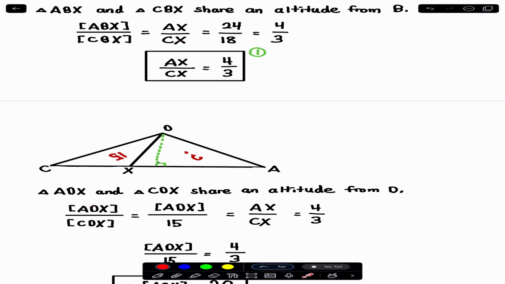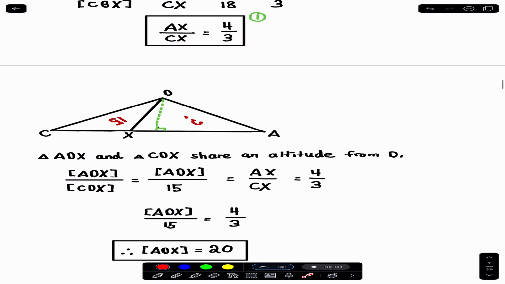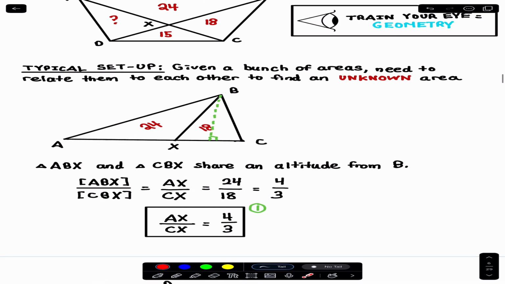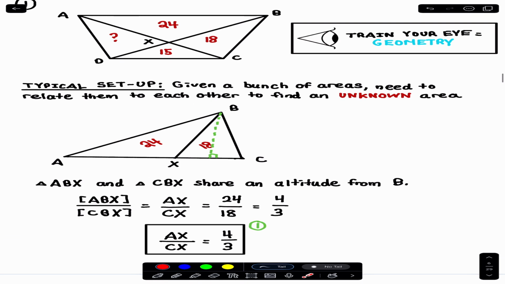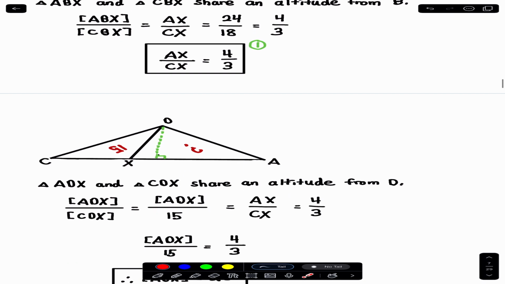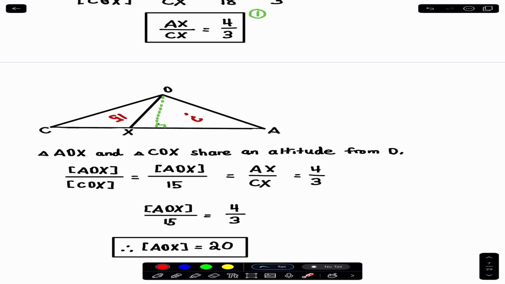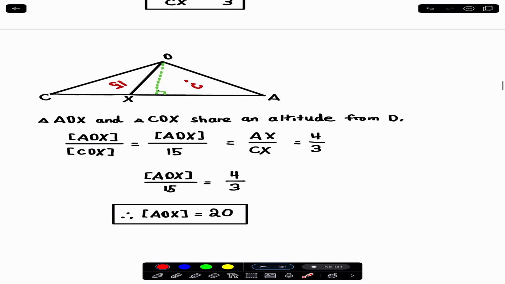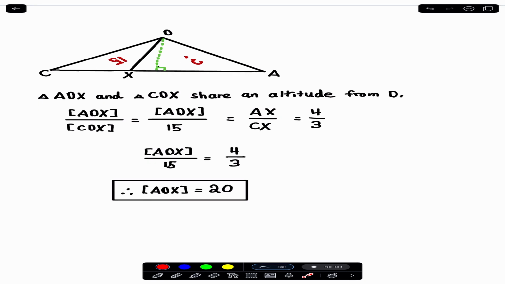Because once you do this, everything else just follows. So that's what we're going to be focusing on. We're going to be focusing on seeing the altitudes and setting the equations up. So I'm not going to be going over in too much detail how to finish the problem by solving.